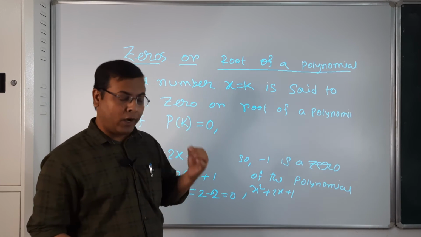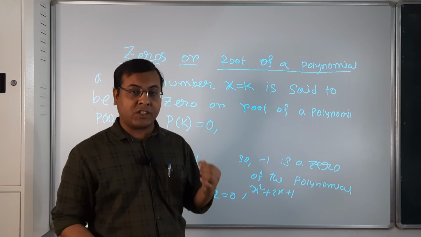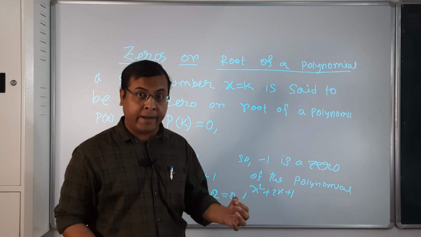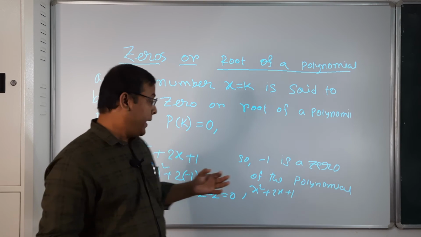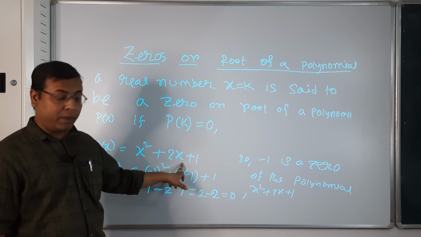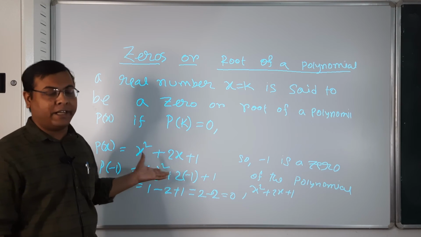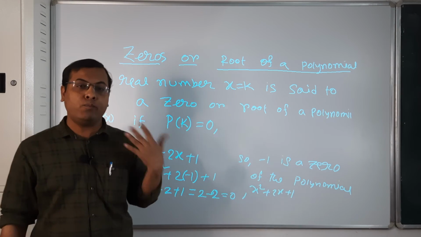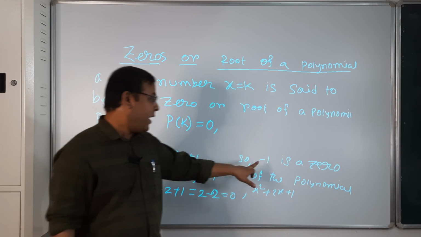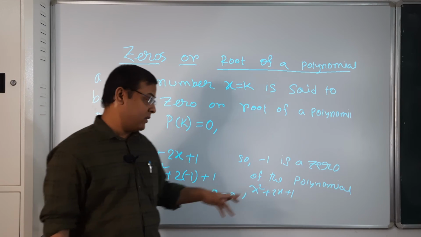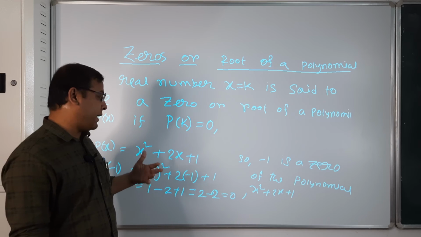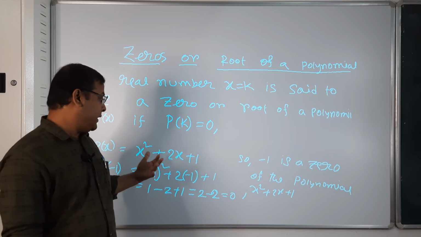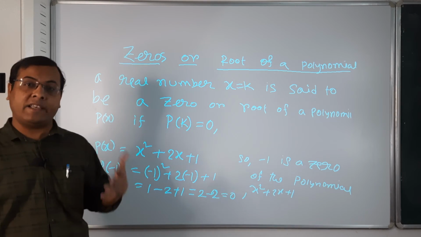That means a polynomial of degree n can have at most n zeros. In this case, the degree of the polynomial is 2 because the highest power of x is 2. So the polynomial can have at most 2 zeros, but here we see only 1 zero, x equal to minus 1. That's why a polynomial can have a maximum number of zeros equal to its degree. So, this polynomial can have a maximum of 2 zeros, but can have exactly 1 zero.